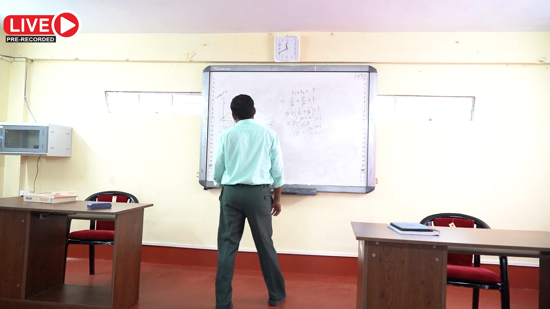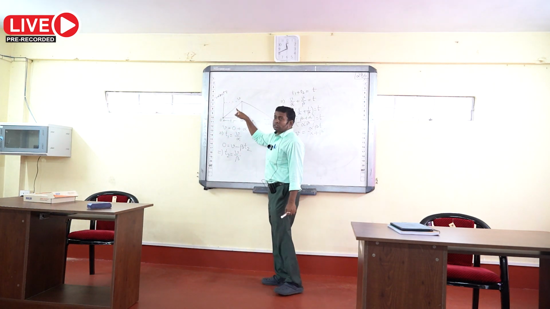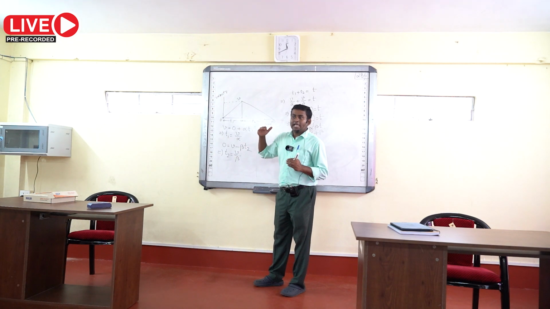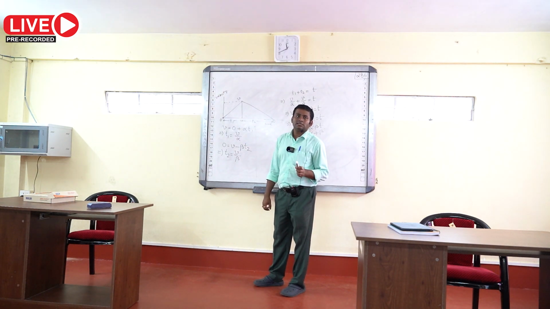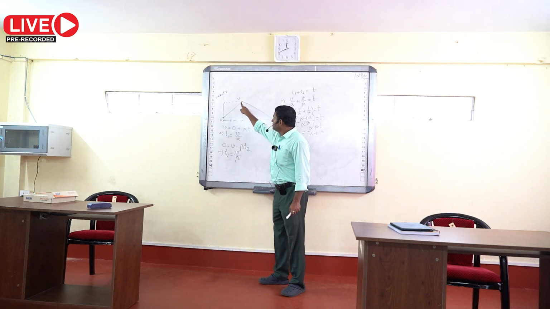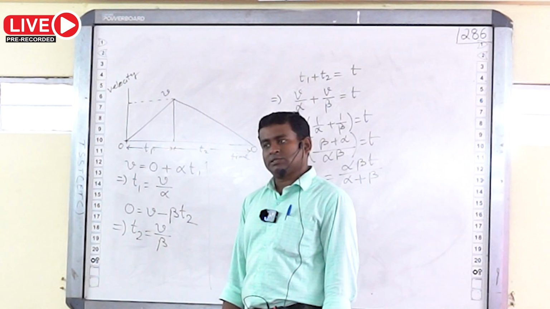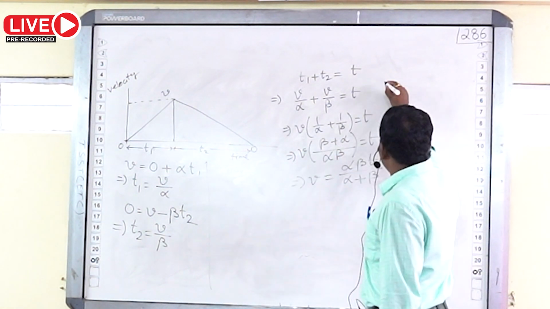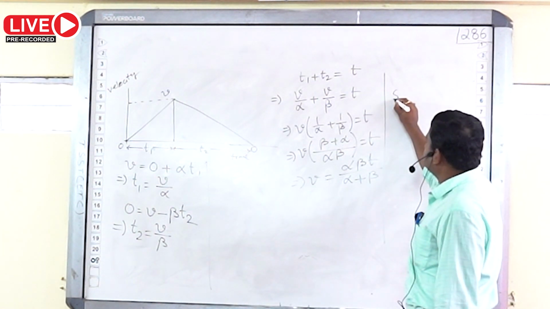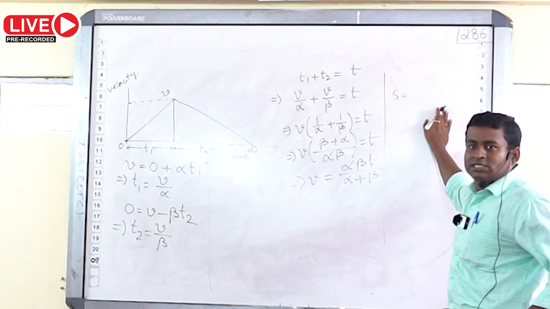We know that the area under the velocity-time graph represents the displacement of the particle. Means the area of this entire triangle represents the displacement. So we can calculate this displacement by calculating the area of this triangle.